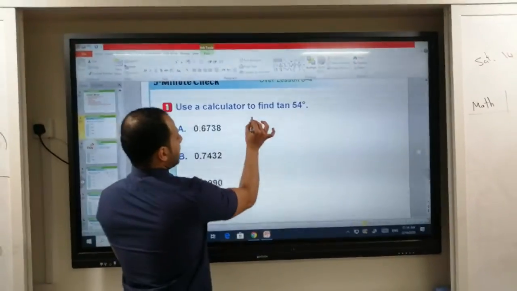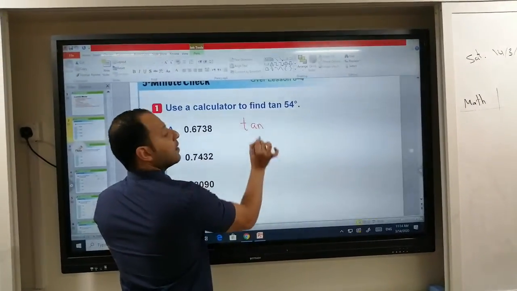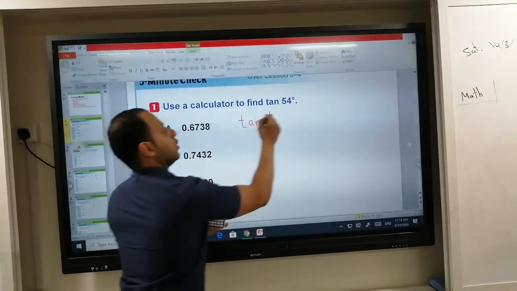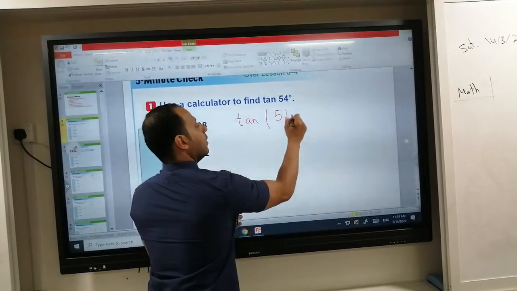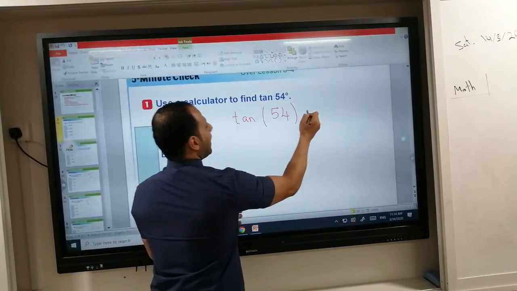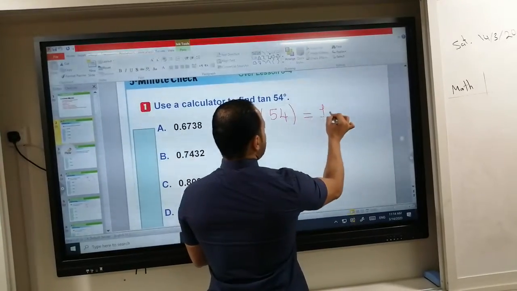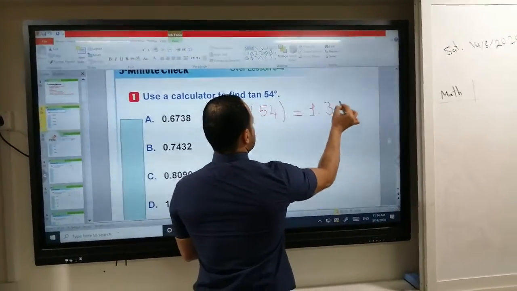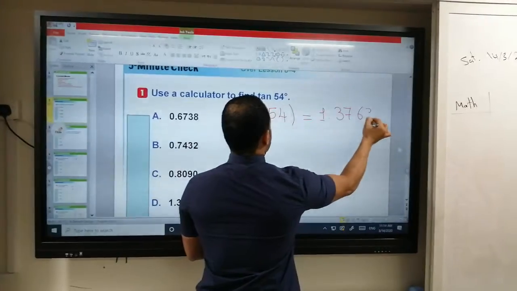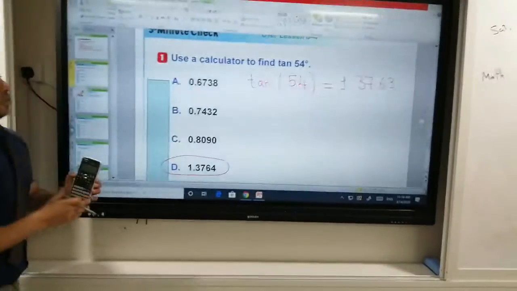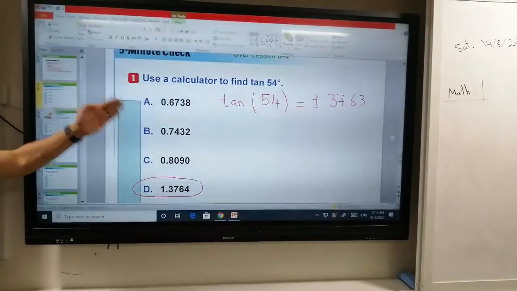So if I have a problem like this, just by using my calculator, I press tan, write the angle inside, close the bracket and press equal. It gives you the result as 1.3763 and so on. By approximation, you can get that. So this is if you want to find tan.